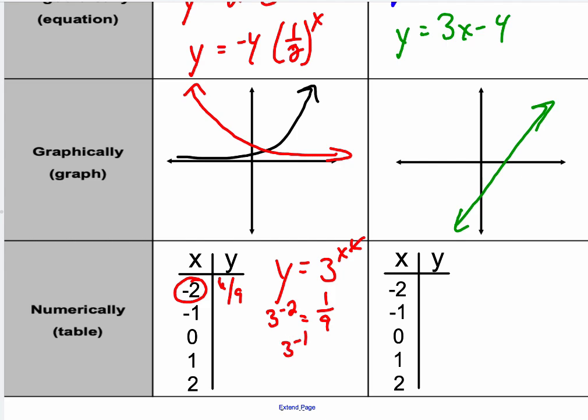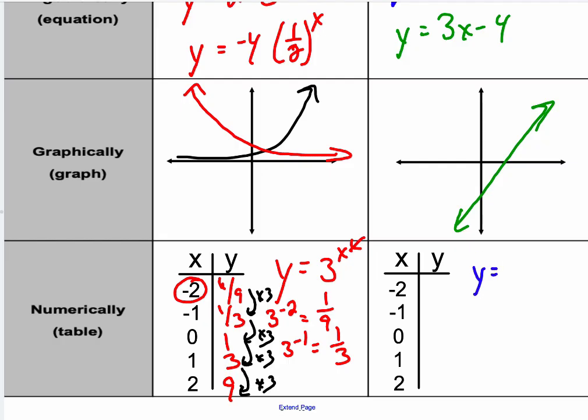Or 3 to the negative first power, so 1 over 3 to the first power, or 1/3. 3 to the 0 power is always 1. 3 to the first power is 3. 3 to the second power is 9. But you notice each time we were multiplying times 3. It was growing 3 times as big each time.